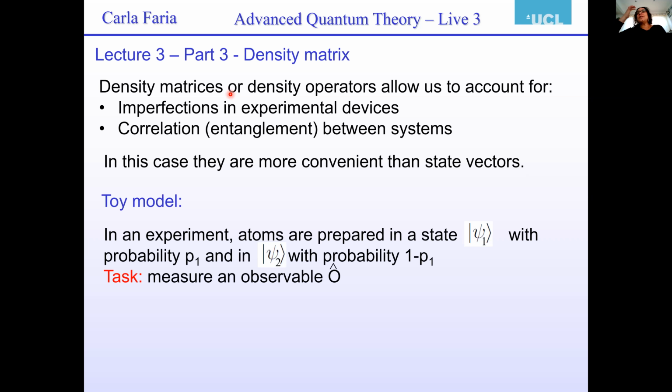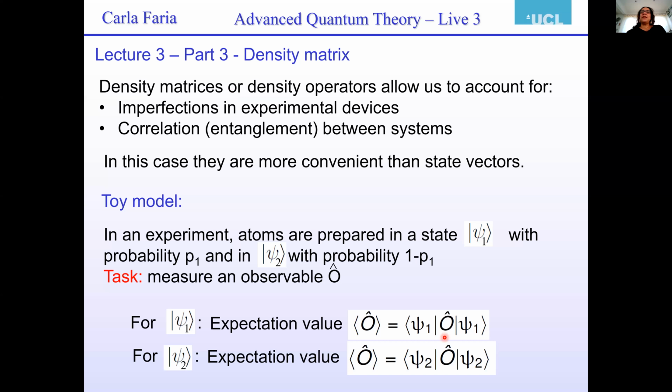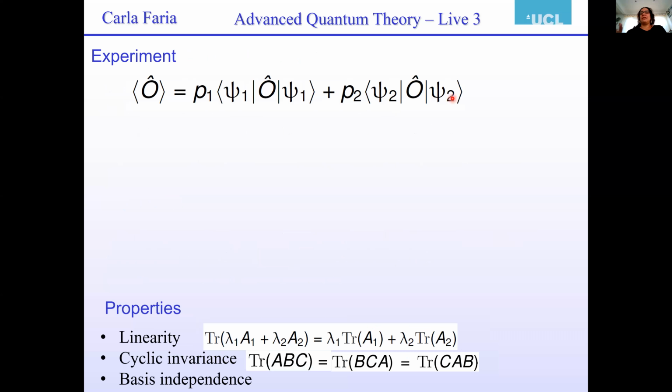One example that we saw was that you had an experiment, you prepared the system in state psi1 with probability p1, and in psi2 with probability 1 minus p1, because maybe you have some imperfect source. So when you measure the observable O, for psi1 you have this expectation value, for psi2 you have this other one, but you have to take into account these probabilities that appeared in your experiment.